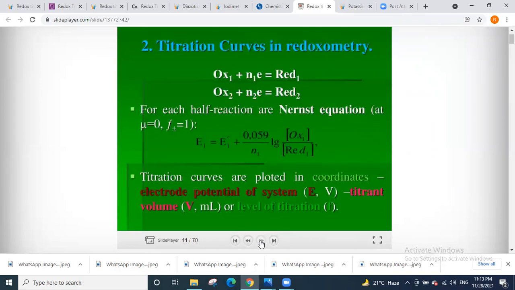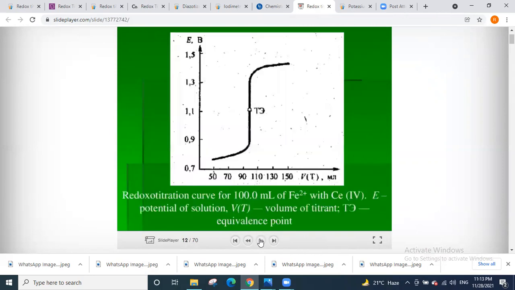Potassium dichromate, as we have discussed earlier, is a primary standard one. Potassium dichromate is a primary standard, and it is a very stable one.